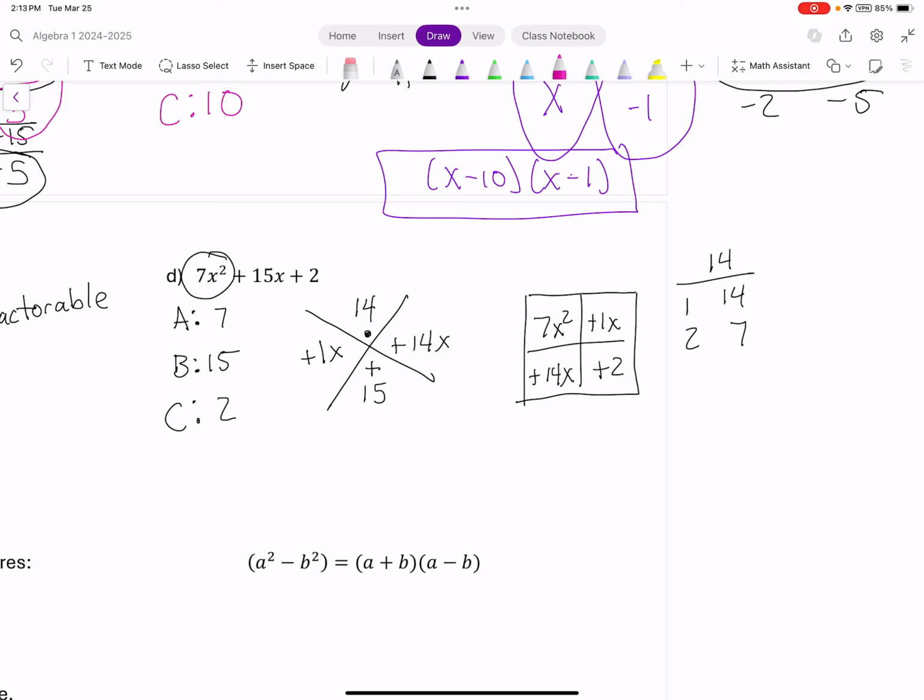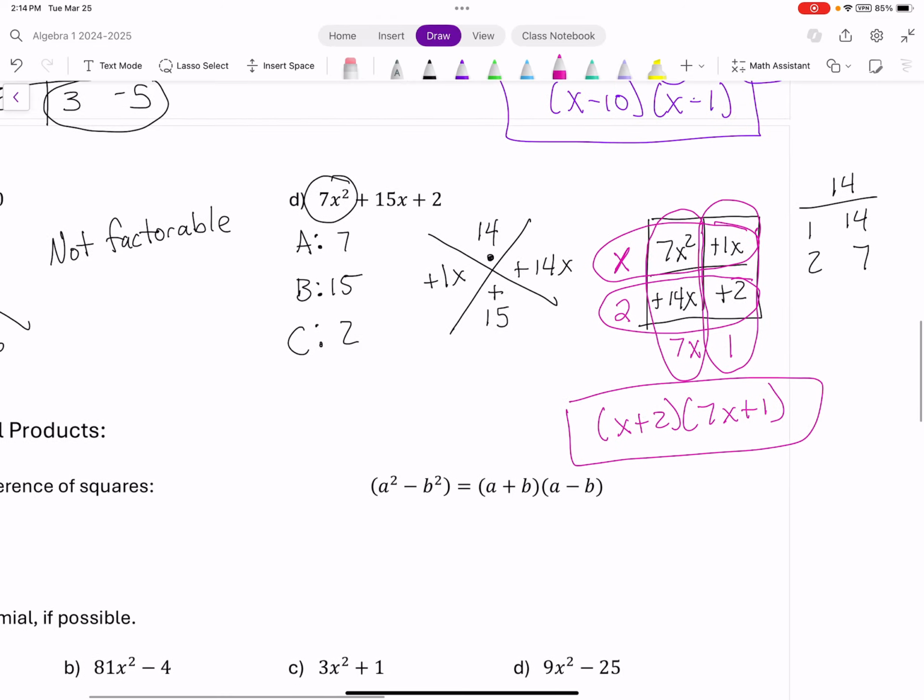So we're going to go ahead and find our greatest common factors. So this would be just an x. This one here would be a 2. Going up and down, we would have a 7x. And then here I would have a 1. So my final answer would be x plus 2, 7x plus 1.